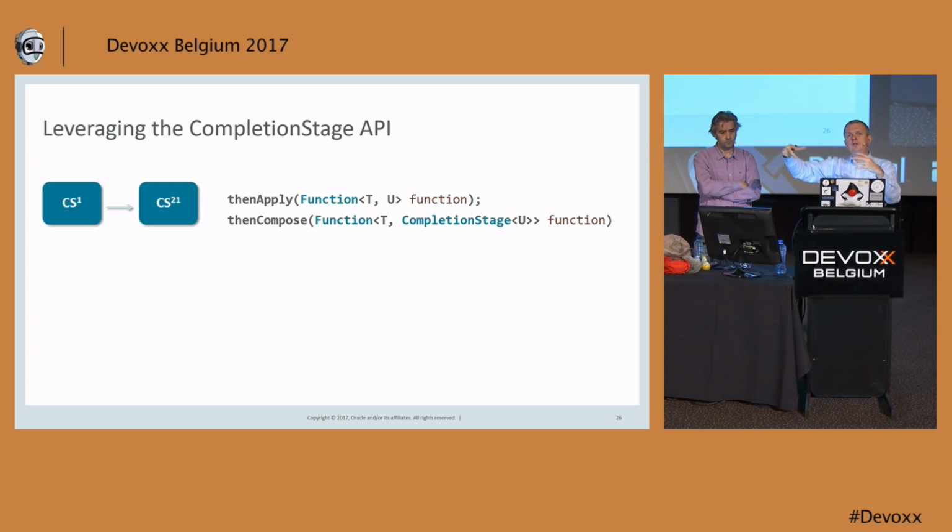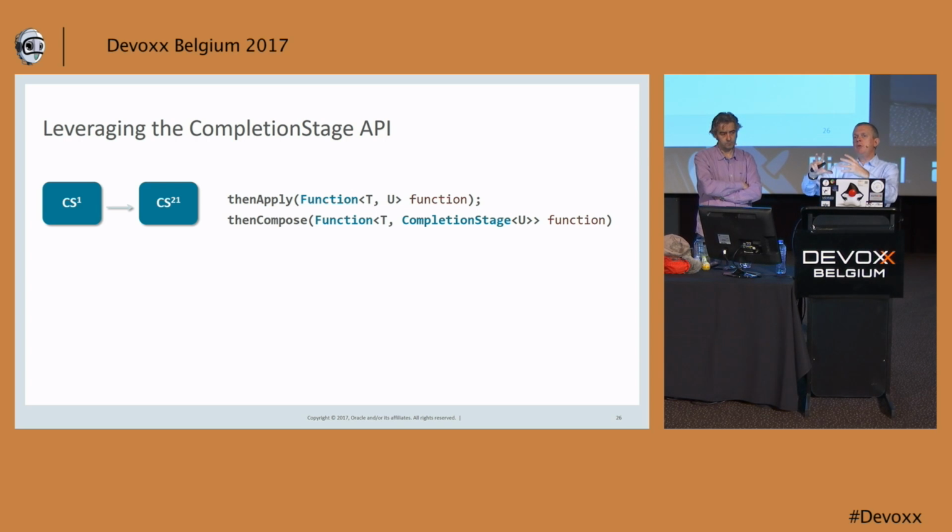So this task is a purely synchronous task. It will not return the completion stage itself. So we will trigger this unmarshalling stuff with this thenApply method, just because the unmarshalling will not take much time. It will be done synchronously.